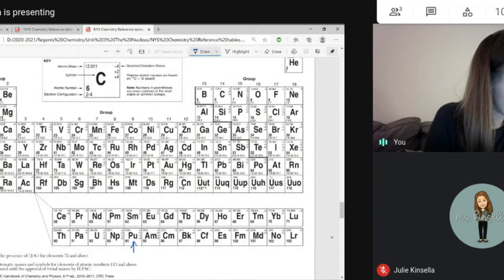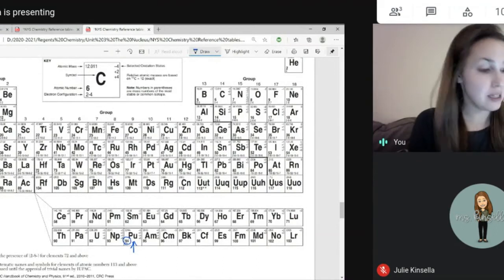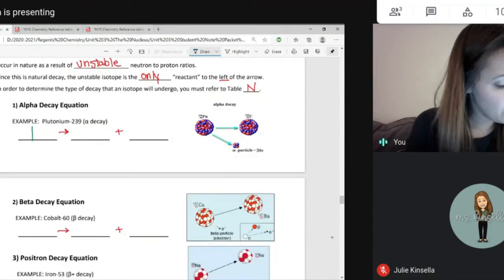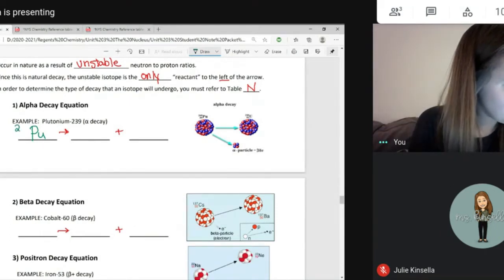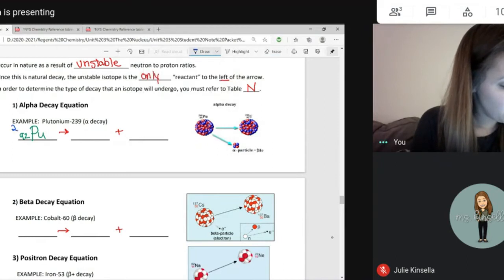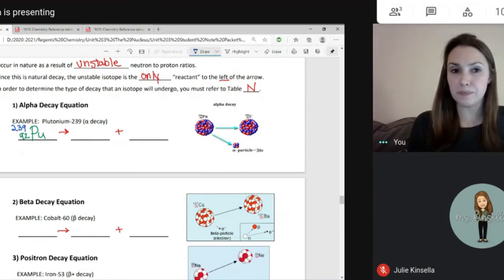So I know the atomic number for plutonium is going to be 94. So when I come over here, I'm going to have the plutonium symbol, Pu, with the 94 on the bottom and the 239 up at the top.